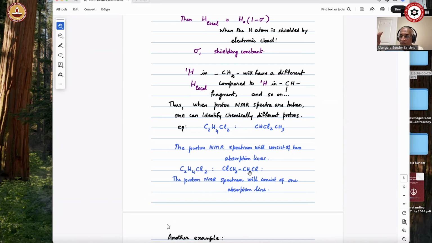They see the same electron density because of the chlorine on either side, and they are chemically identical nuclei, and therefore there is only one resonance frequency, and proton NMR spectroscopy will give you only one resonance. So right away you can see that two isomers have two different spectra.